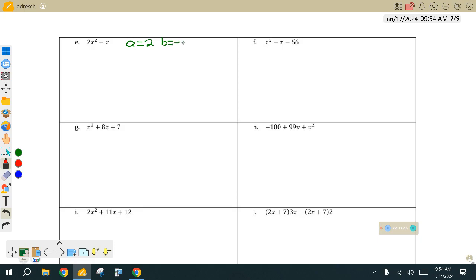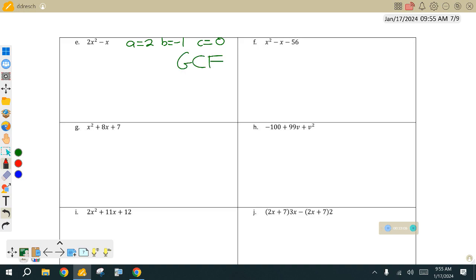I'm sorry? -1. And C is 0, right? Okay. So when we have C is 0, Deontay said there's no C. C is 0. Pause and everything we talked about today. It's not going to help you out. Go back to yesterday. What we talked about yesterday? Right.